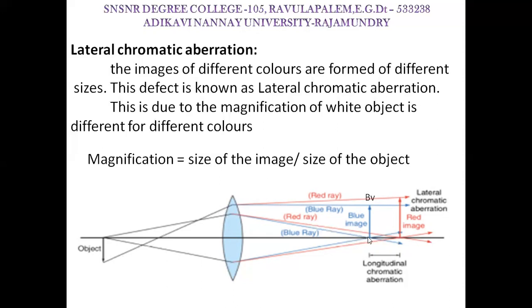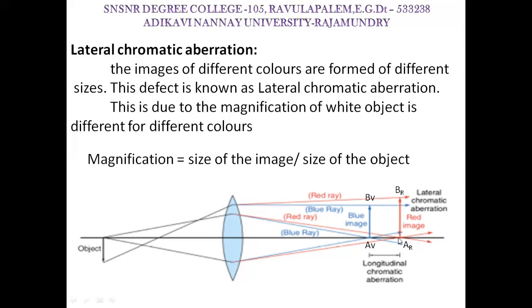Here the height of the image is AV and BV, that is the blue image, and AR and BR is the height of the red image.